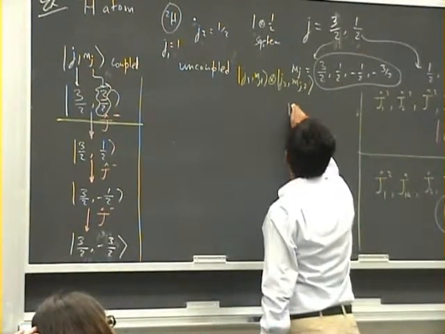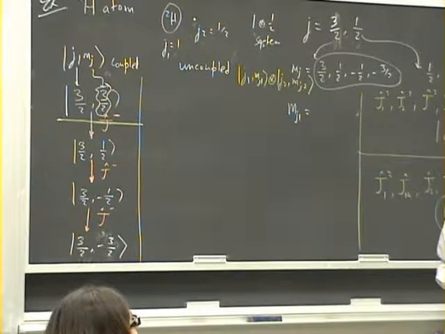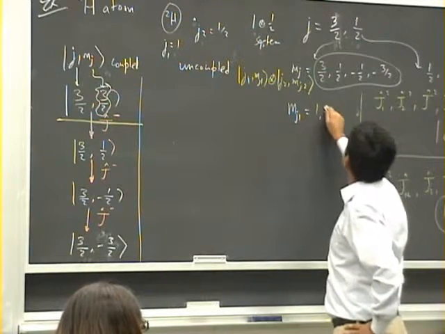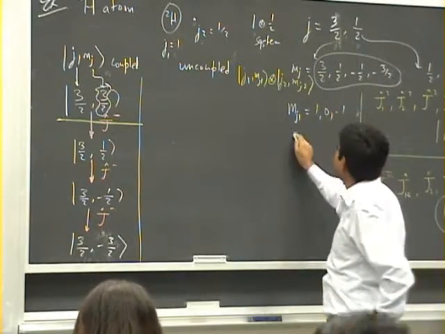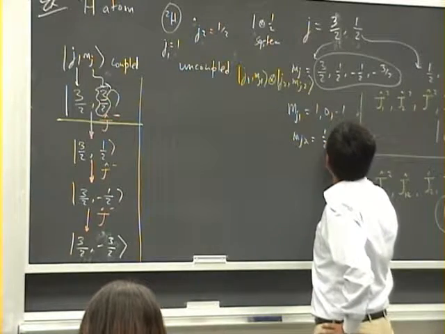So what are the possible values of MJ1? 1, 0 and minus 1. What are the possible values of MJ2? Half and minus half.